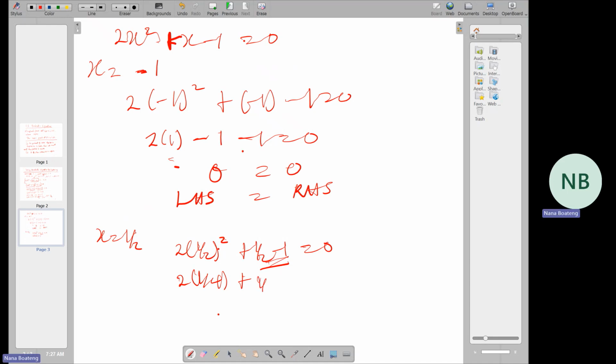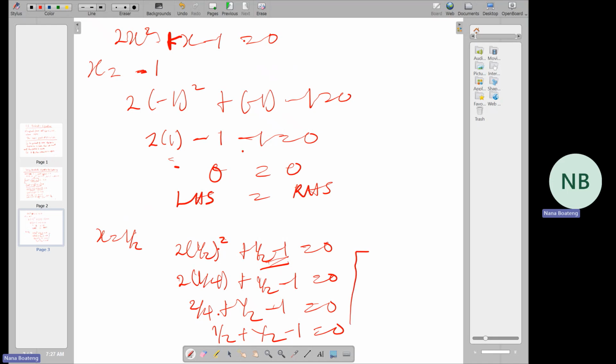Let me write it again. So 2 divided by 4 plus 1 half minus 1 is equal to 0. So 2 divided by 4 is the same as 1 half. So we have 1 half plus 1 half minus 1 is equal to 0. And 1 half plus 1 half is 1.